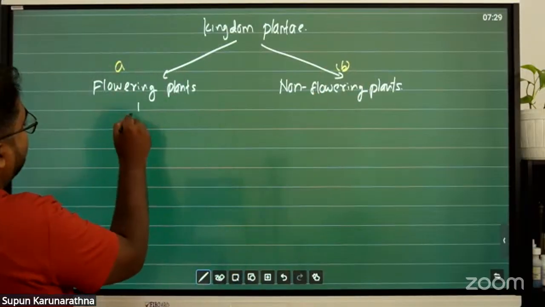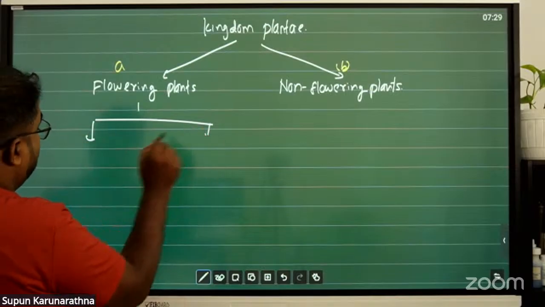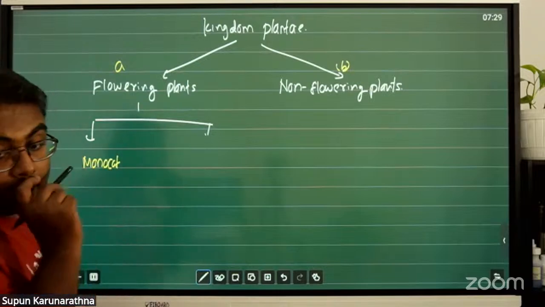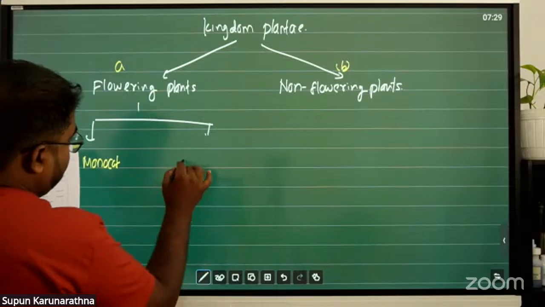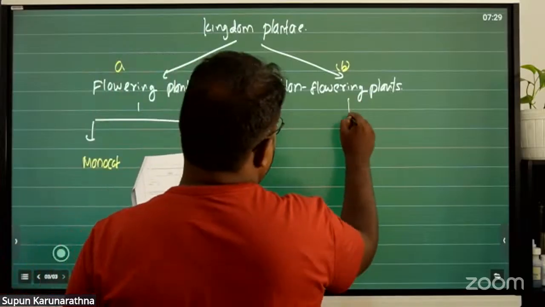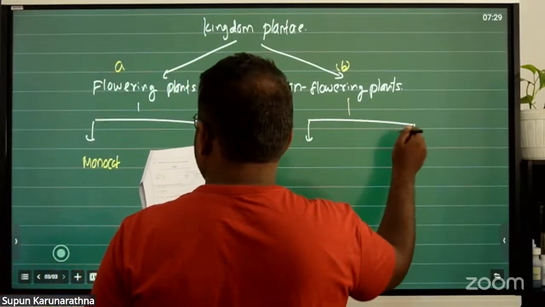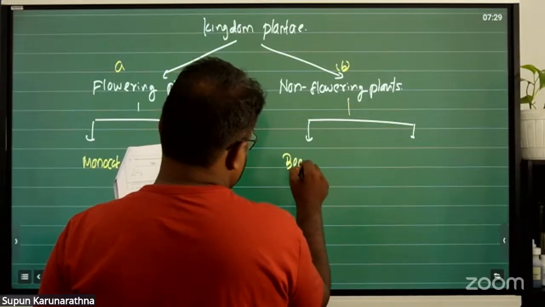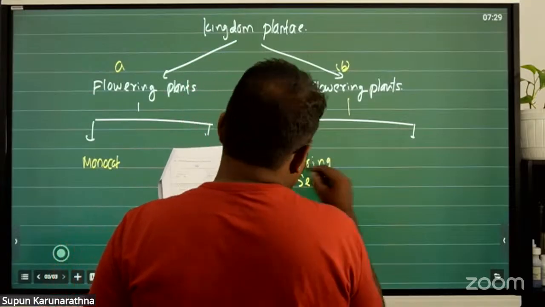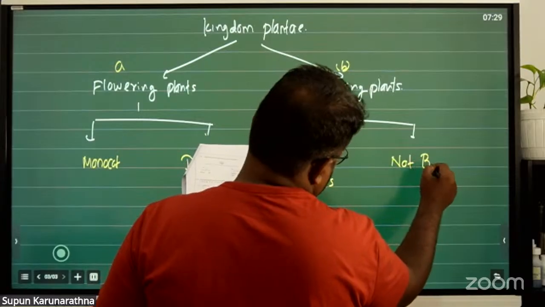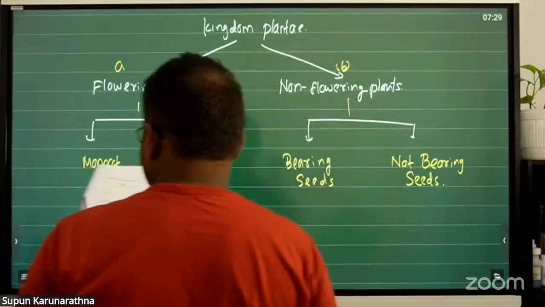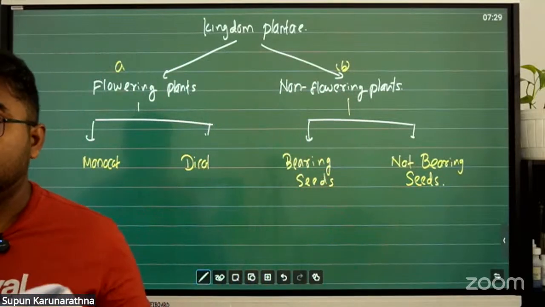The flowering plants we can divide into two groups, monocot and dicot. Non-flowering plants we can also divide into two groups, bearing seeds and not bearing seeds. Here is the way.